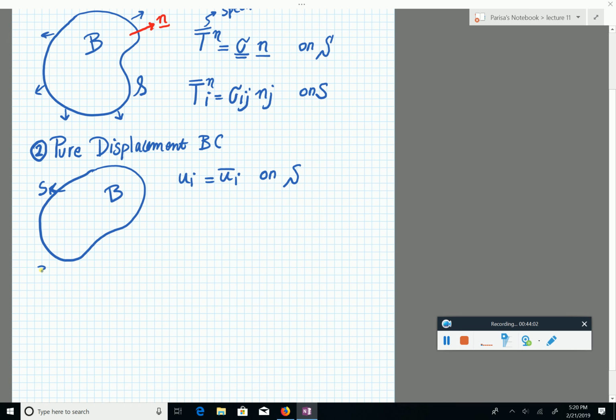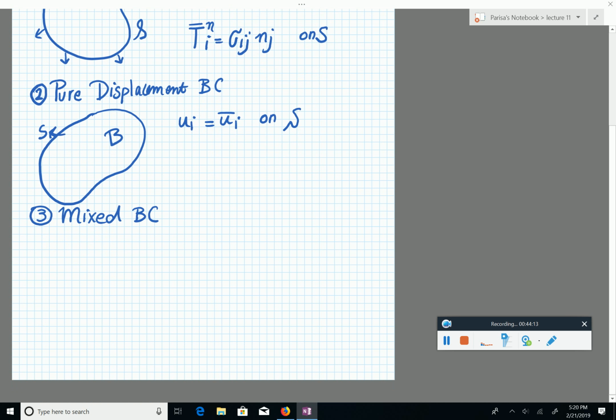One important one is a mixed boundary condition. And you can guess what mixed here means. It means that on a part of the boundary you have traction specified, and on a part you have displacement.